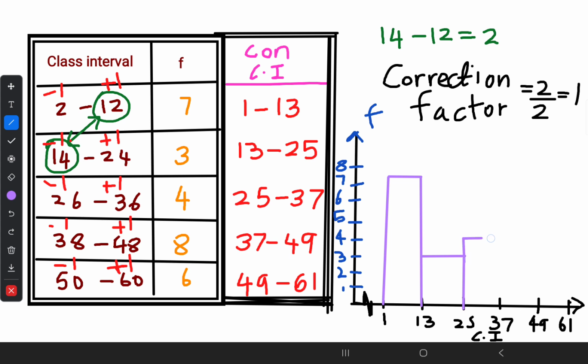And for 37 to 49, the height is 8, the highest one. Then 49 to 61, it would be 6. Okay, that's all for the construction of the histogram.